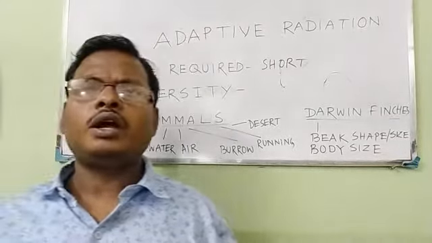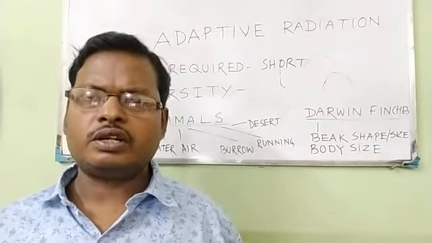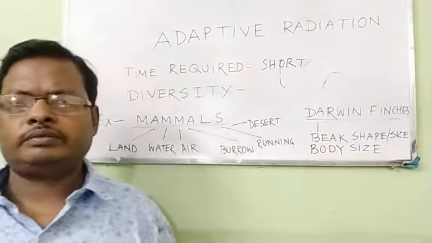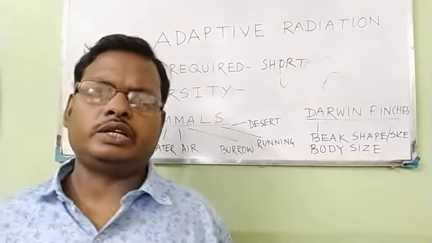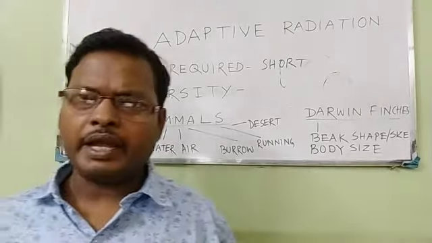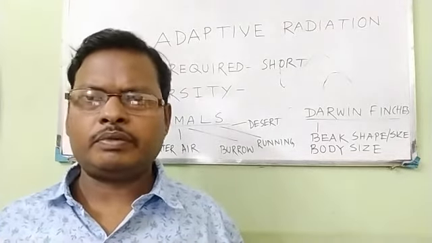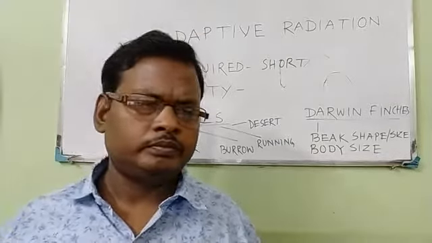Then why is this kind of adaptation or evolution found in the animal kingdom? The only answer is to take the opportunity of vacant habitat left by extinct animal groups.